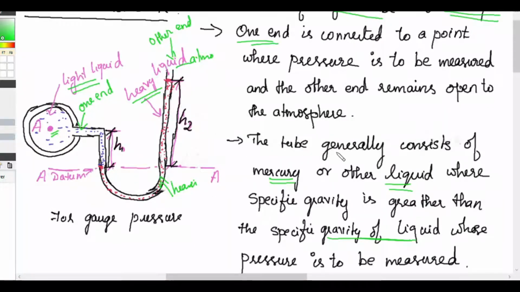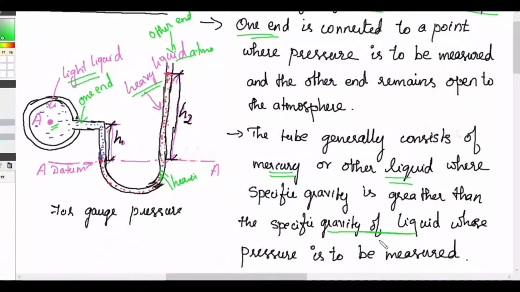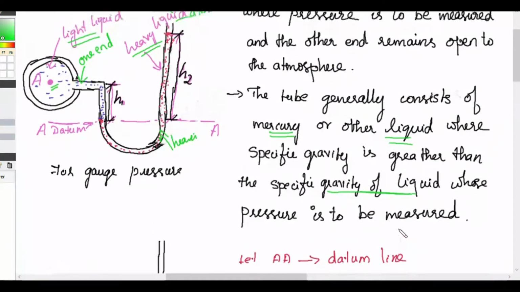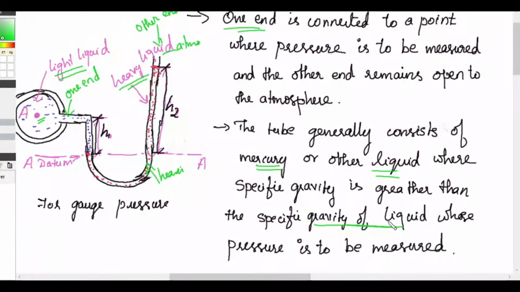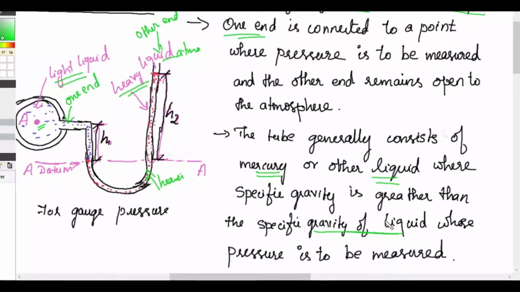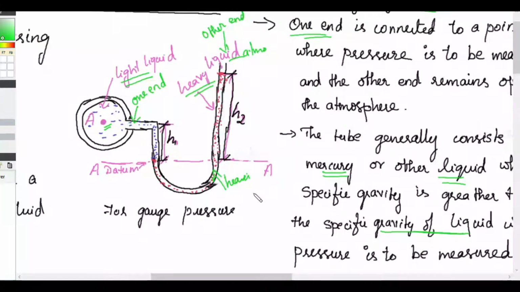So the U-tube generally consists of mercury or another liquid whose specific gravity is greater than the specific gravity of the liquid whose pressure is to be measured. You understood the difference between a piezometer and a U-tube manometer.